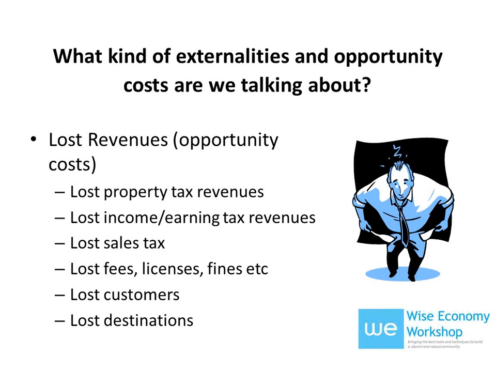So the opportunity cost of revenues includes things like the property taxes that a property could pay, income taxes, sales taxes, fees. It can also indirectly include lost customers. That's a little bit more difficult to calculate, but we'll try to talk about that a little bit. And lost places to serve as destinations.